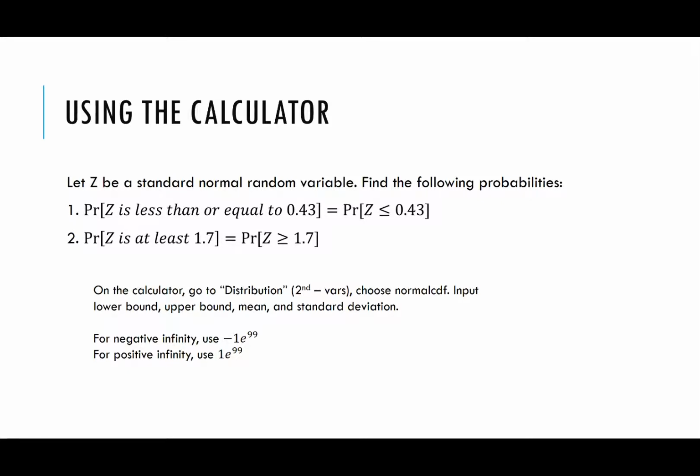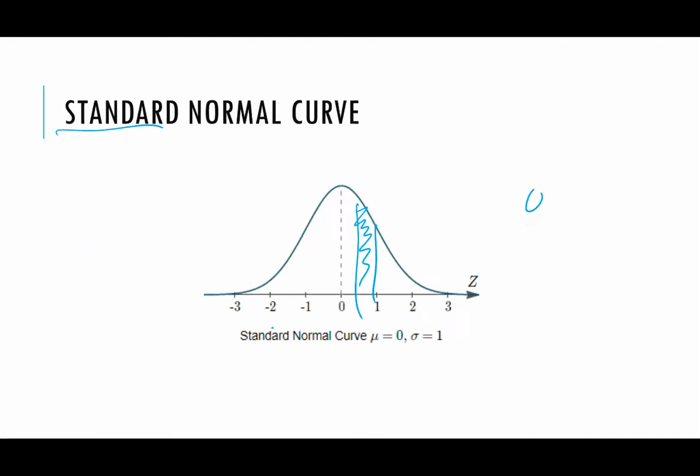So if you look at number 1, probability z is less than 0.43. Go back to my curve. 0.43 is probably right about here. If I want to know the probability that's less than 0.43, then I'm going to look for all of this space here.